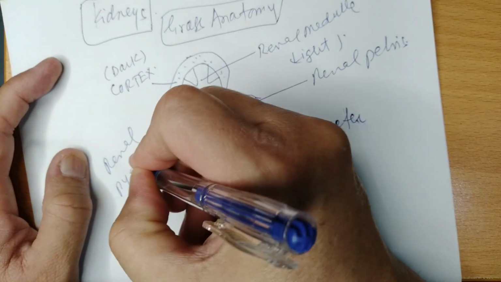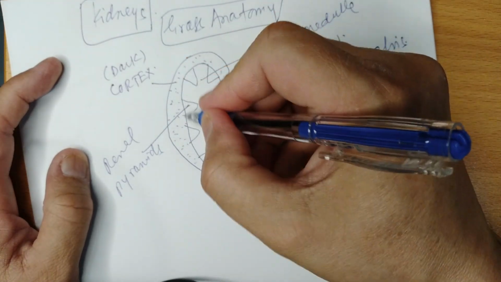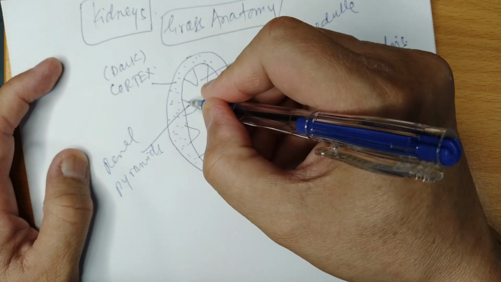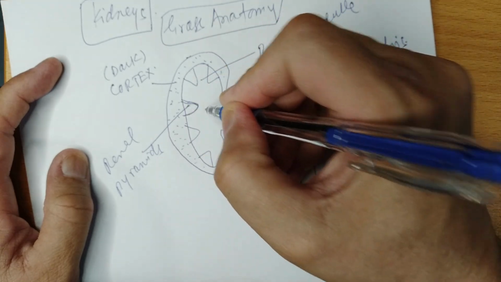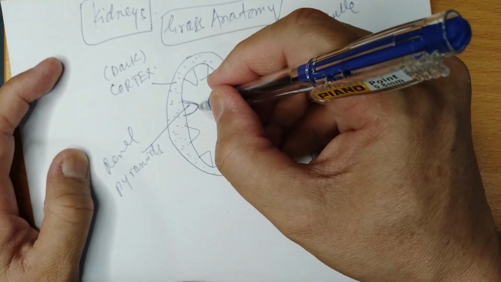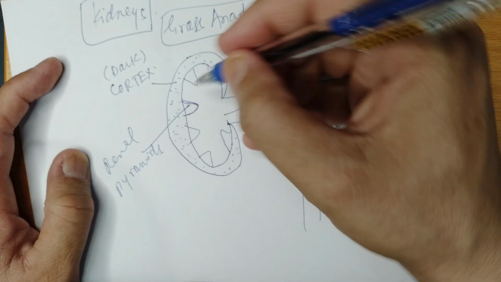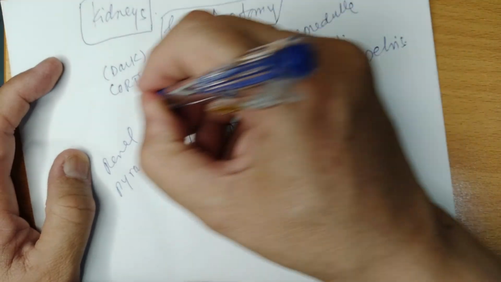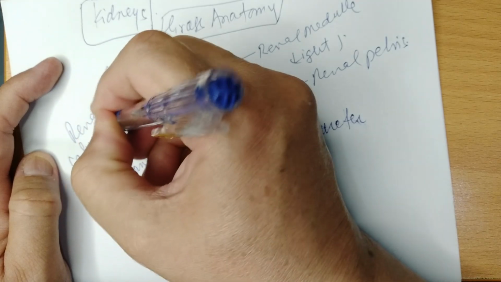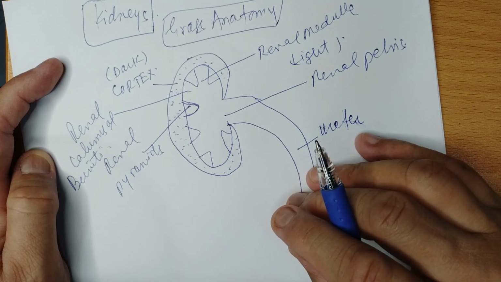Renal pyramids have their broad base toward the cortex, and their apex is pointed towards the lumen. This apex, the papilla, projects into the minor calyces, which we will discuss later on. The lateral boundaries of these are formed by renal columns of Bertin.